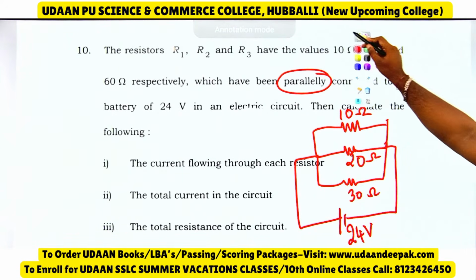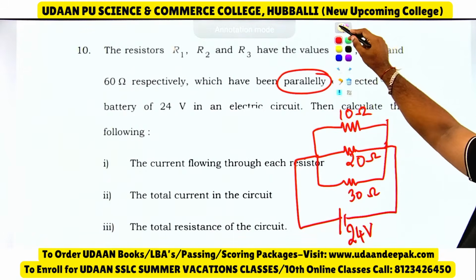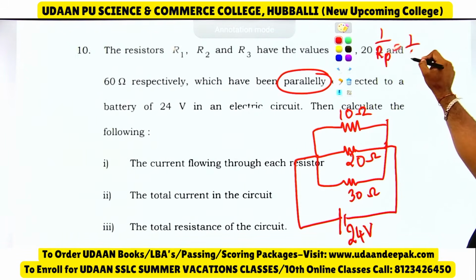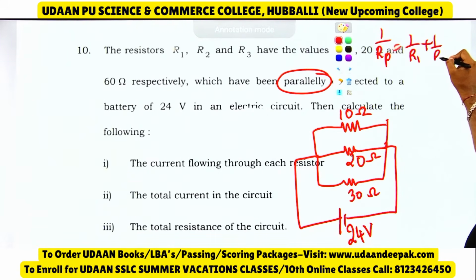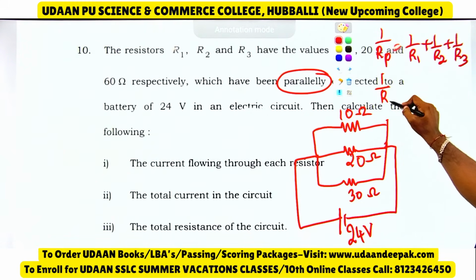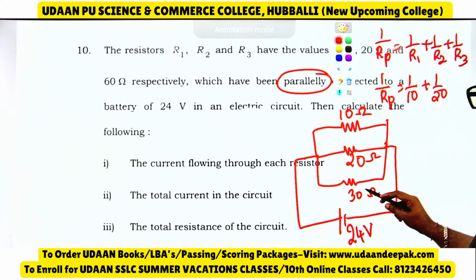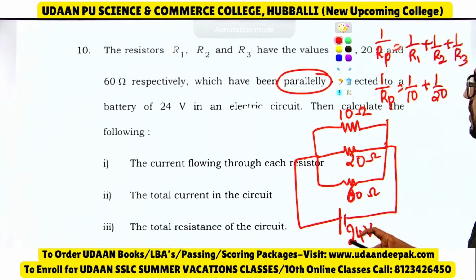So what is the total resistance in parallel? Everyone knows the formula: 1 upon Rp is equal to 1 upon R1 plus 1 upon R2 plus 1 upon R3. 1 upon Rp is equal to 1 upon 10 plus 1 upon 20 plus 1 upon 60.